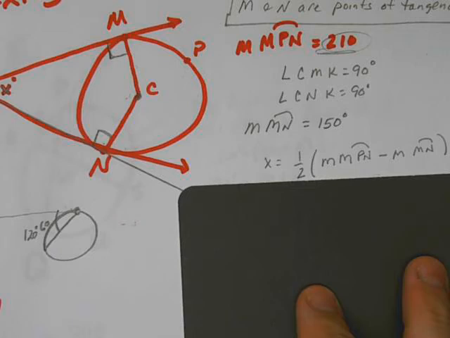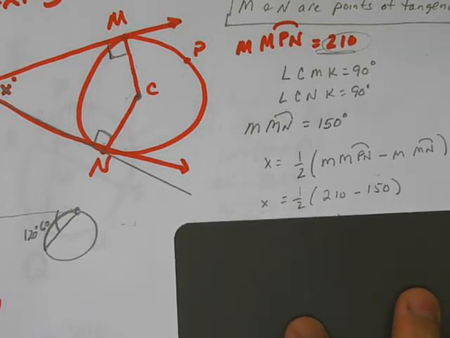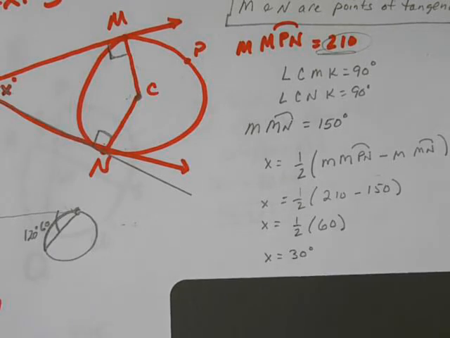Okay, so our MPN is 210. 210 minus 150 is 60. Half of 60 is 30 degrees.